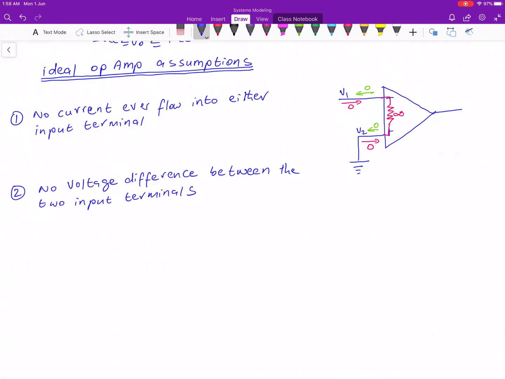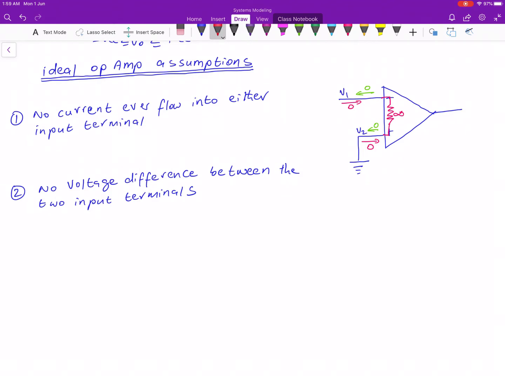Assumption number two says that there is no voltage difference between the two terminals. If we have an infinite resistance between the two terminals, that's your V minus and your V plus, then no current will be entering the op-amp.